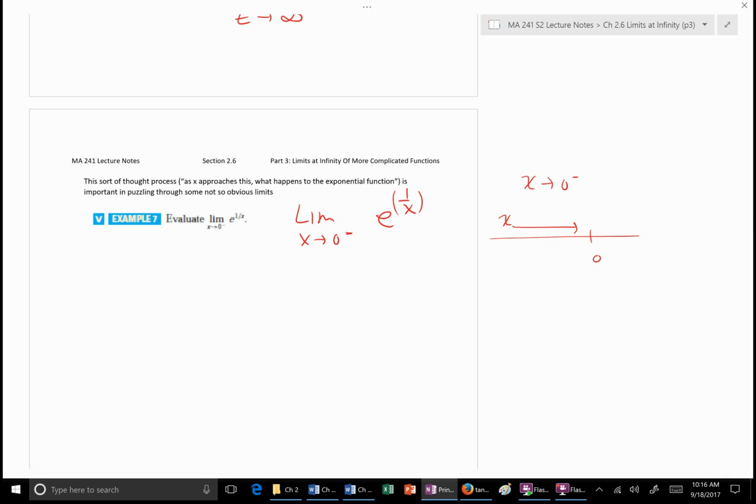Okay. Now, we're doing limits at infinity, so I'm going to somehow want to change this to infinity. How would I do this? How could I change that problem to a problem of infinity? 0 and infinity are related, right? How are they related?